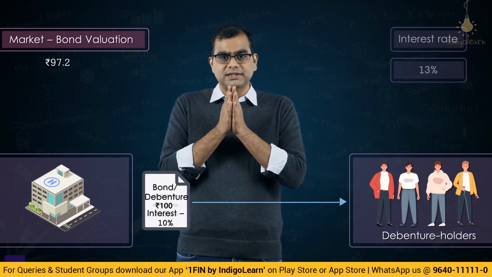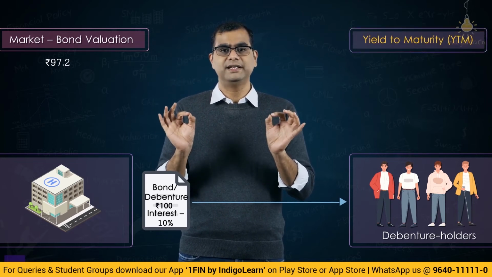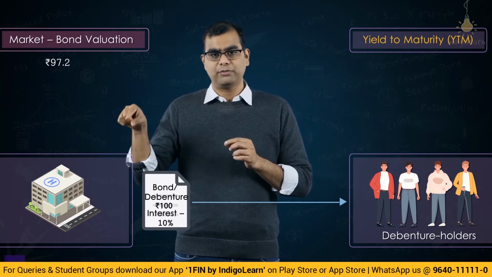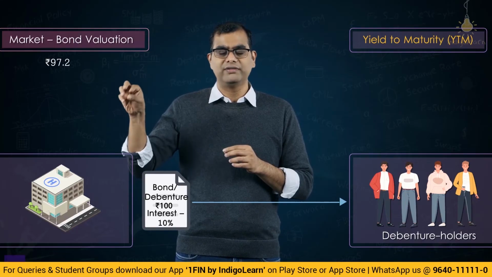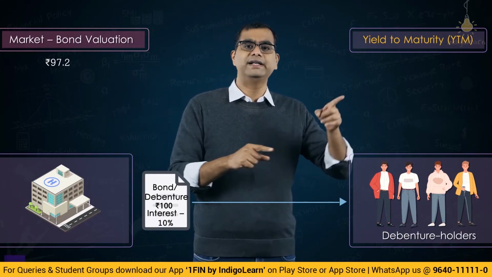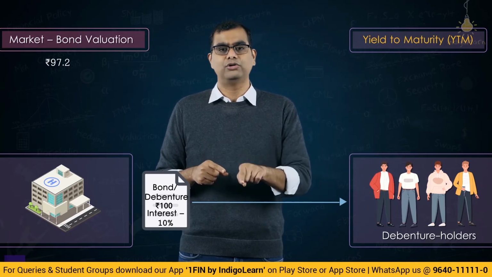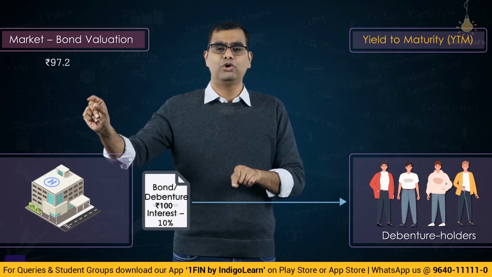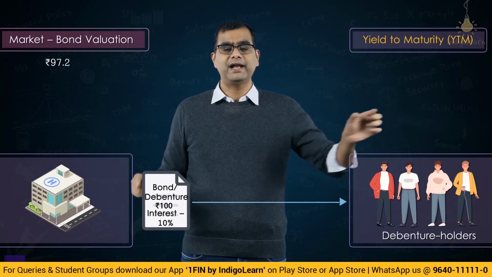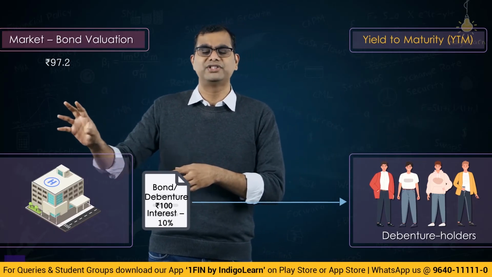Now, what this whole concept of yield to maturity is, the concept is basically, if somebody is buying at 98.2 today or at the revised price of 97.2, and he is going to get a cash flow of 110 at the end of 1 year, at what rate should you discount, based on the price already being known at which the new person is going to buy and the end cash flows that they are going to get, such that NPV is 0?